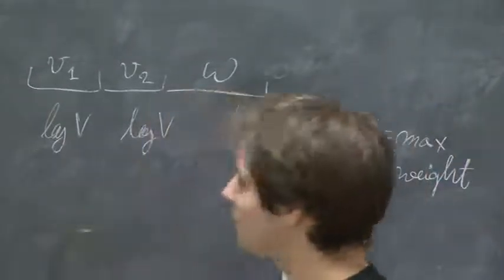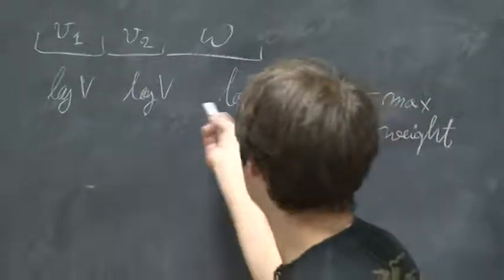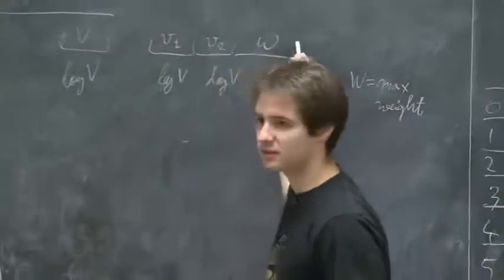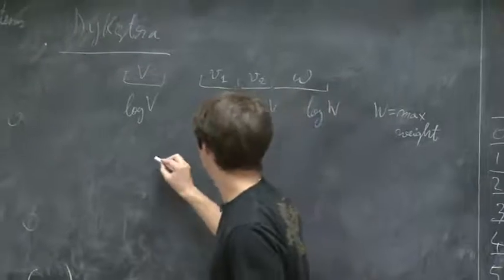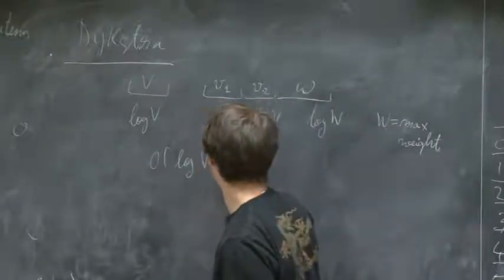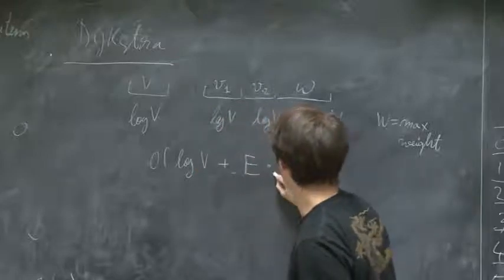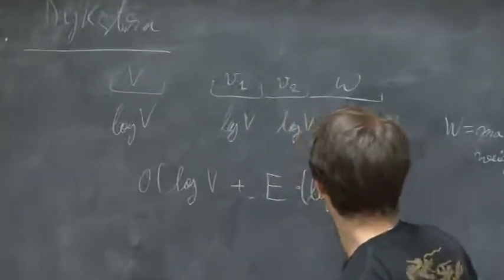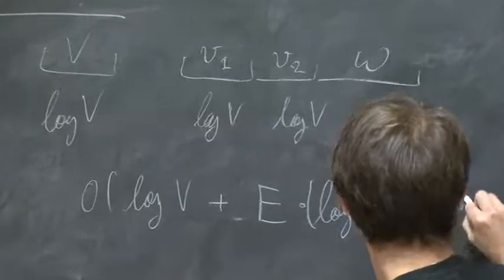V is not just a property of... well, let's look at V actually. So we have E edges here, right? So the input size is going to be log V bits plus E times log V plus log W.